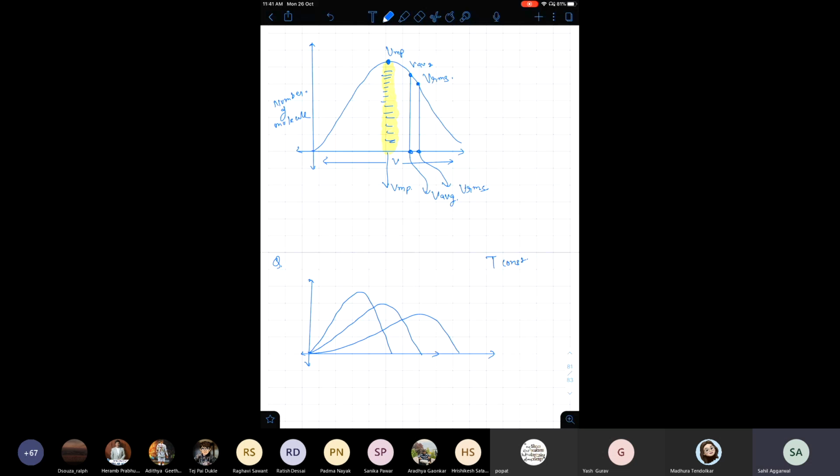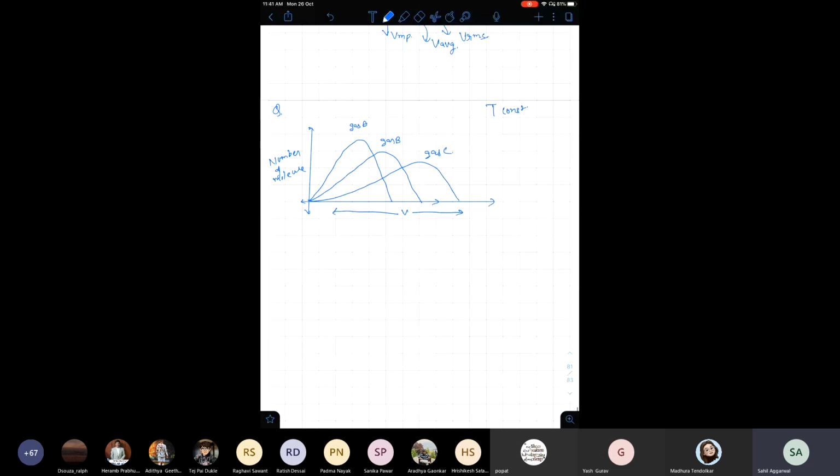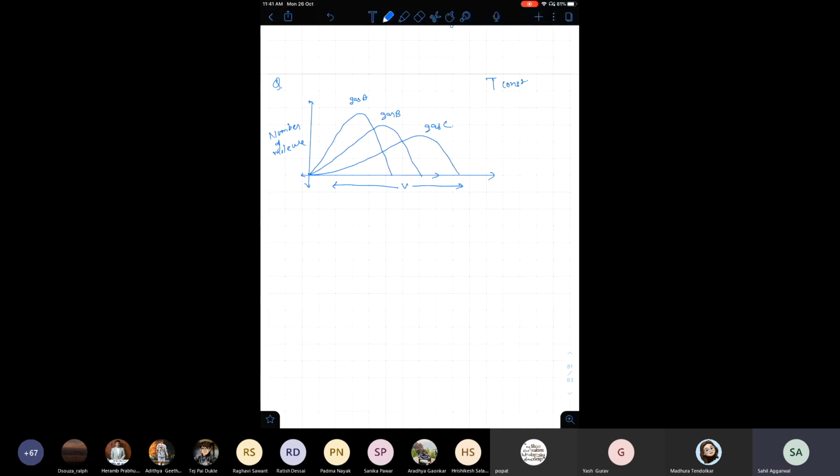This is gas A, gas B, gas C. This is number of molecules and this is velocity. What you can predict about their masses? Masses के बारे में क्या बोल सकते हो आप?